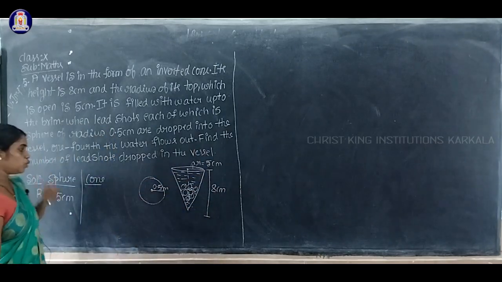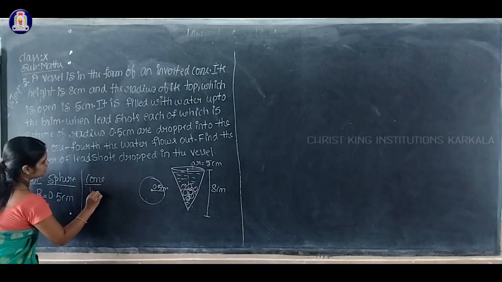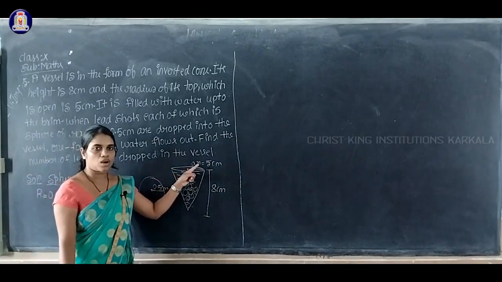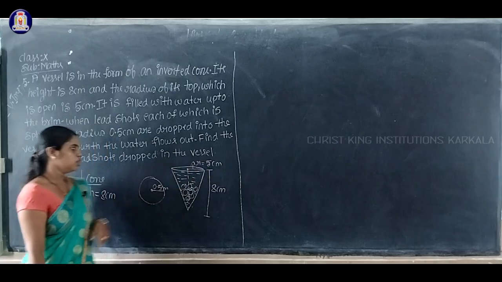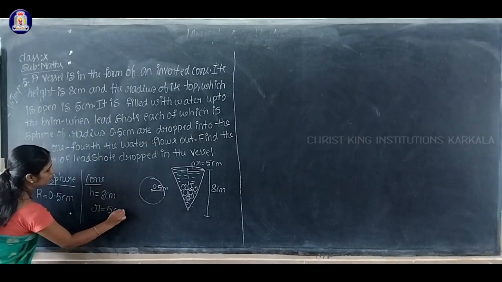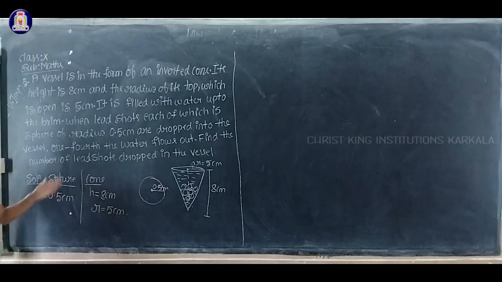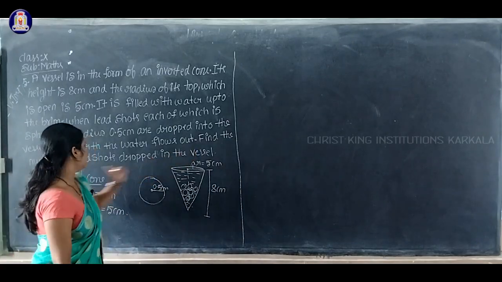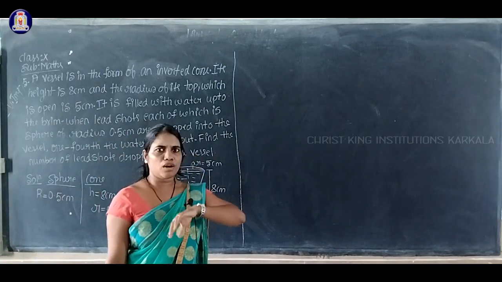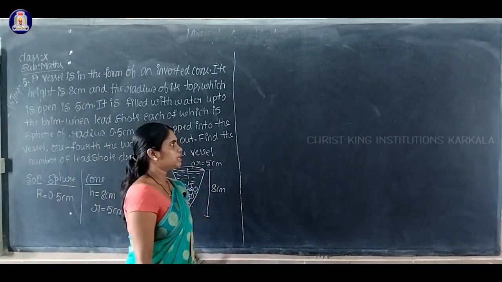Height of the cone is 8 centimeter. So H is equal to 8 centimeter, and also radius of its top, how much? 5 centimeter. So small letter r is equal to 5 centimeter. Now you have to find the number of lead shots. So let n be the number of lead shots dropped in the vessel.